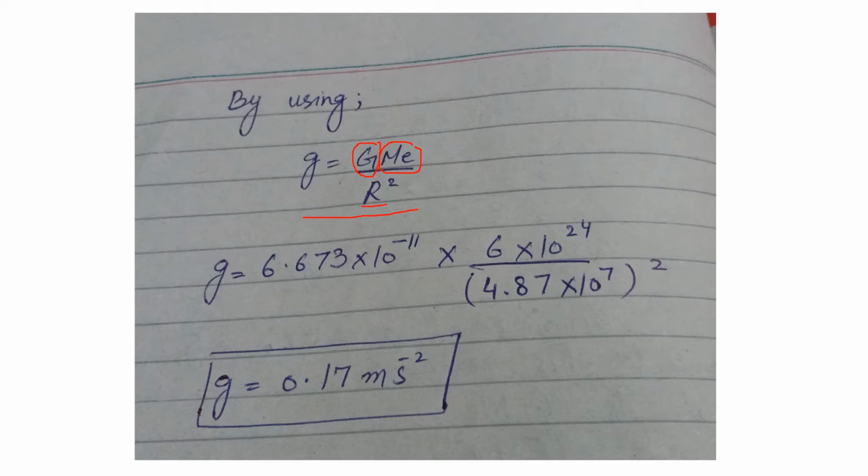So if we substitute the values in this formula, we get g is equal to 6.673 into 10 raised to power minus 11, and mass of earth is 6 into 10 raised to power 24, and r is given to us 4.87 into 10 raised to power 7 whole square. If we solve it, we get the answer g will be equal to 0.17 meter per second square. This is the value of g which we have to find out in the given problem.